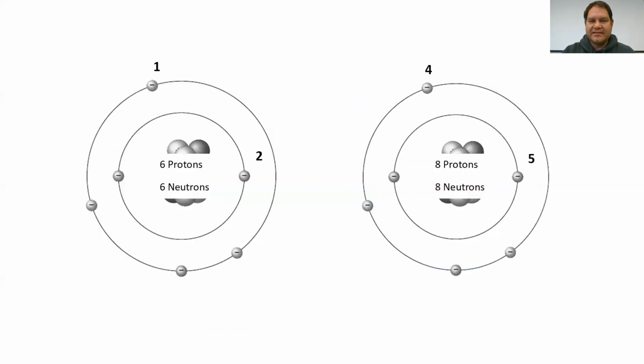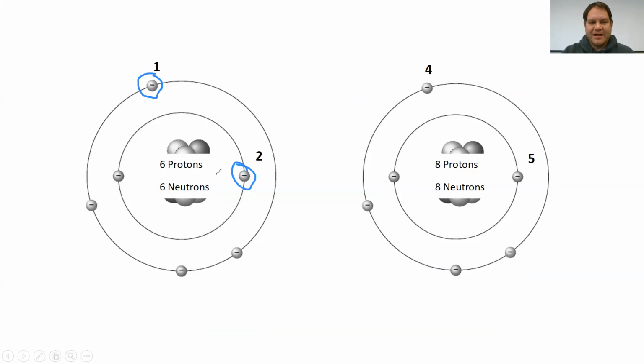All right, so finally, let's finish this off. I have a nucleus here with 6 protons, and here are all of the electrons. Let me ask you this: between electron 1 and electron 2, which one is going to have the greatest attraction to this nucleus?